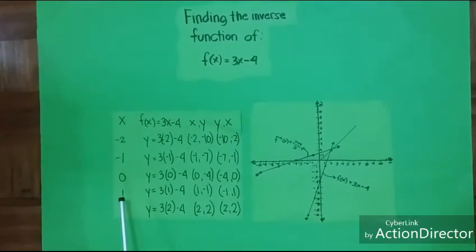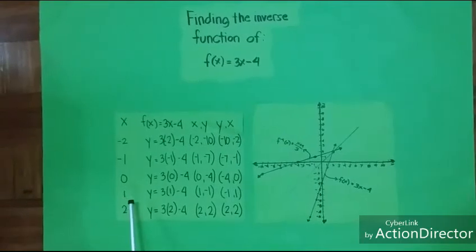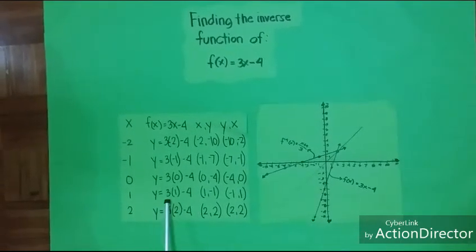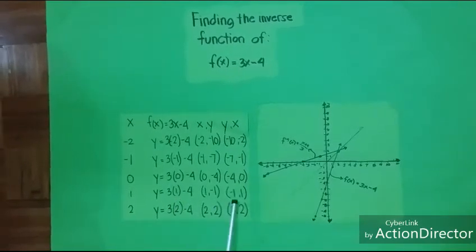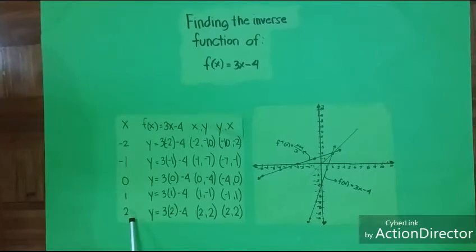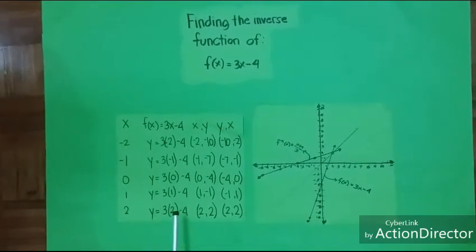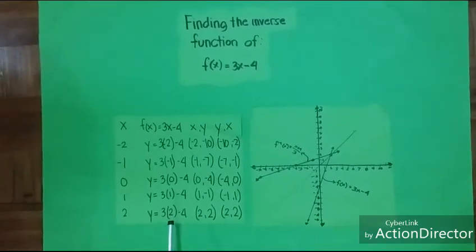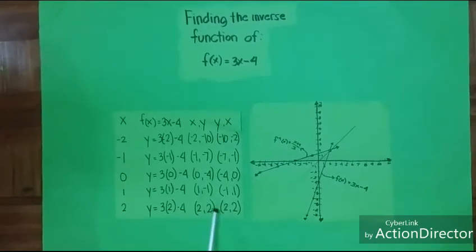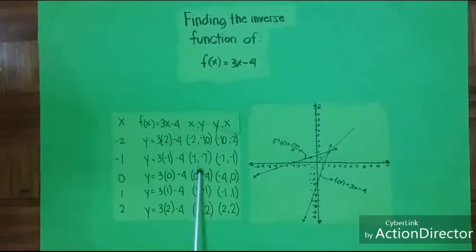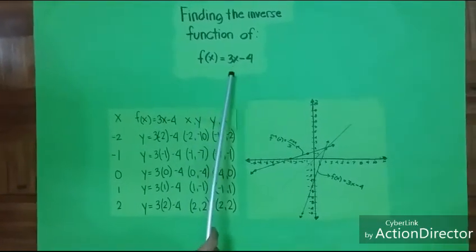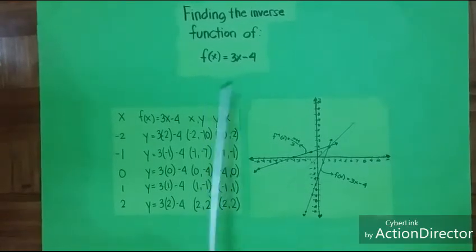For the 1 value of x, y is equal to 3 times 1 minus 4. 3 times 1 is equal to 3, minus 4 is equal to negative 1. For the 2 value of x, y is equal to 3 times 2 minus 4. So 3 times 2 is equal to 6, minus 4 is equal to 2. So these are the coordinates of our function f of x is equal to 3x minus 4.